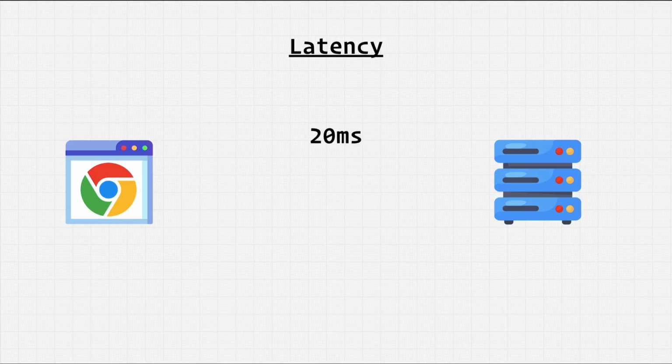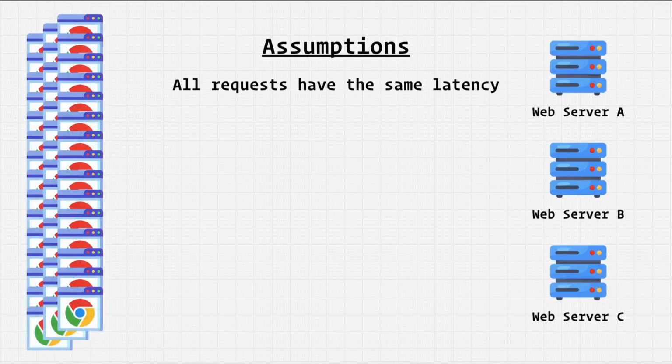For all intents and purposes, I'm going to pick an arbitrary number like 20 milliseconds. It really doesn't matter. The key thing here is that any browser making a request to the server and then getting back a response, this will always be 20 milliseconds. Not just the same browser, but all of the different browsers. They all have the same latency. This way, we even out any factors and we can better understand this example.